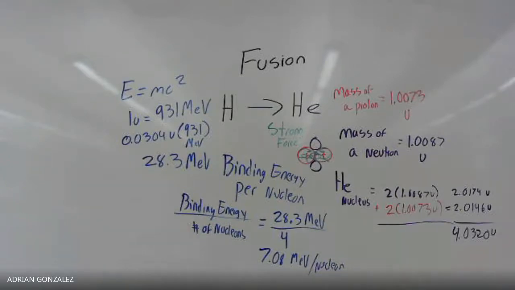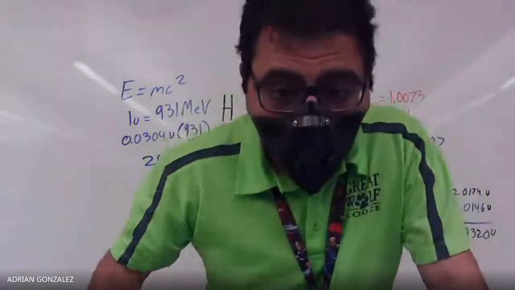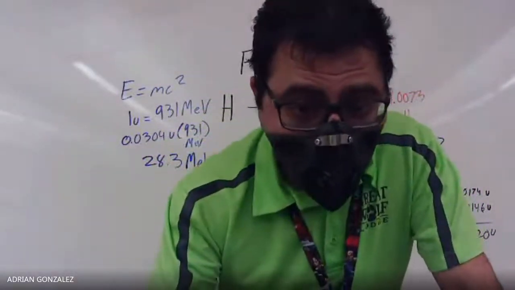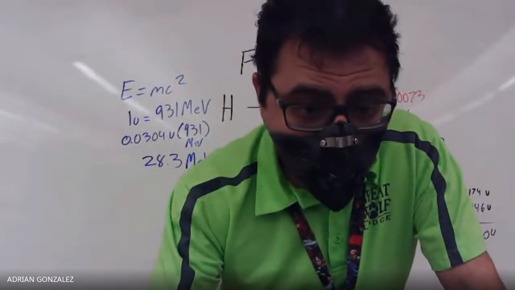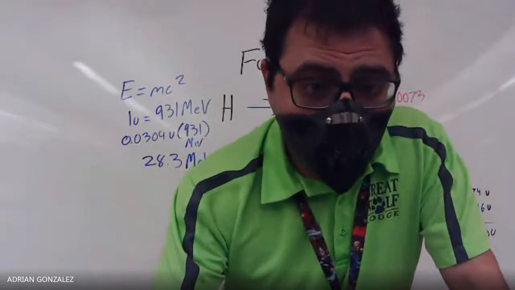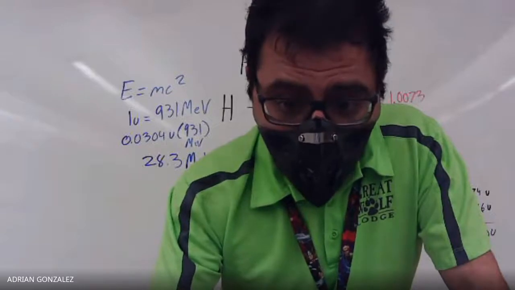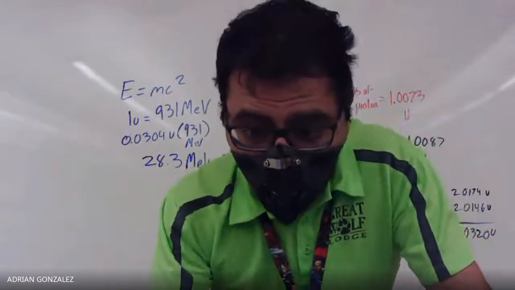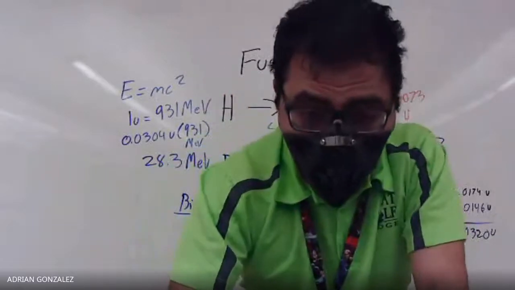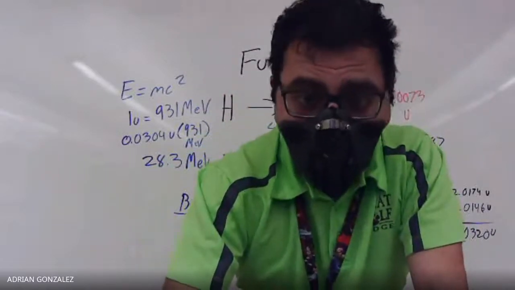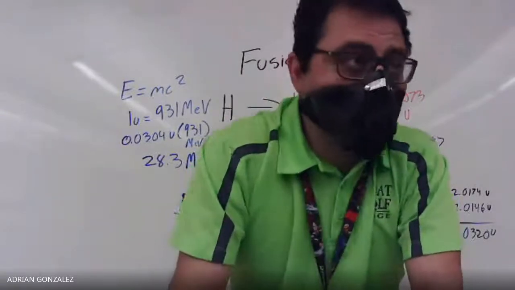Let's pick an interesting one. Radium. Let's do iron. Everybody find iron. And find the most common form of iron. Does everybody see that one? So you're looking at iron 56. Does everybody see that one?